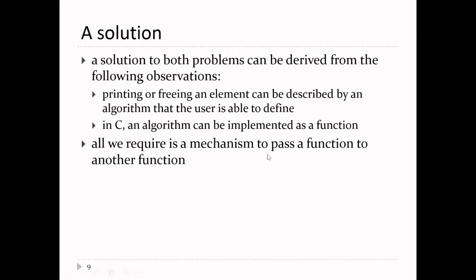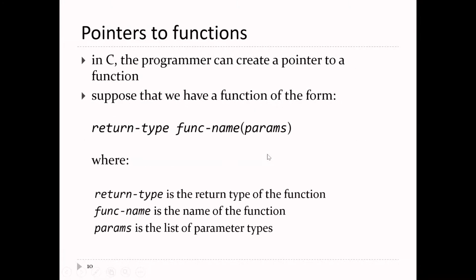I need a mechanism that lets me pass a function to another function, and that mechanism in C is a pointer to a function. You can create a pointer to a function, and this is the generic form for writing one.